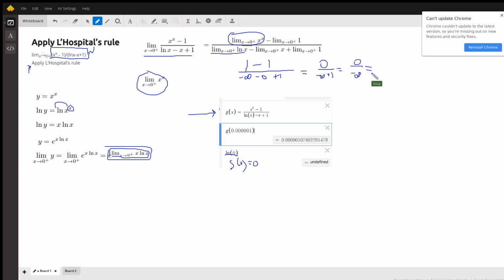And there are theorems on limits that this thing approaches 0. And that indeed is what this function is approaching as it's closer and closer to 0 from the right.